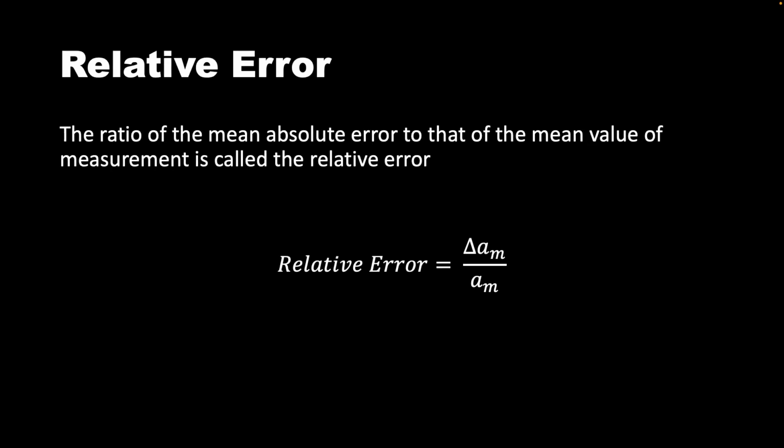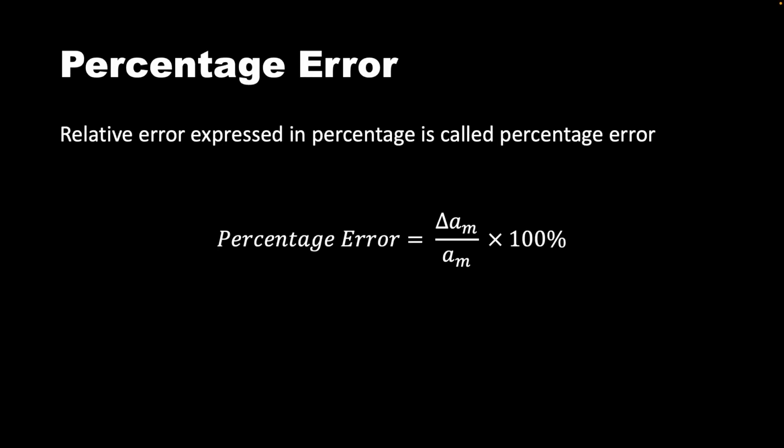Relative error is the ratio of the mean absolute error to the mean value of the measurement, which is also known as the true value. So relative error equals the mean absolute error divided by the true value. Percentage error is the same in percentage form.